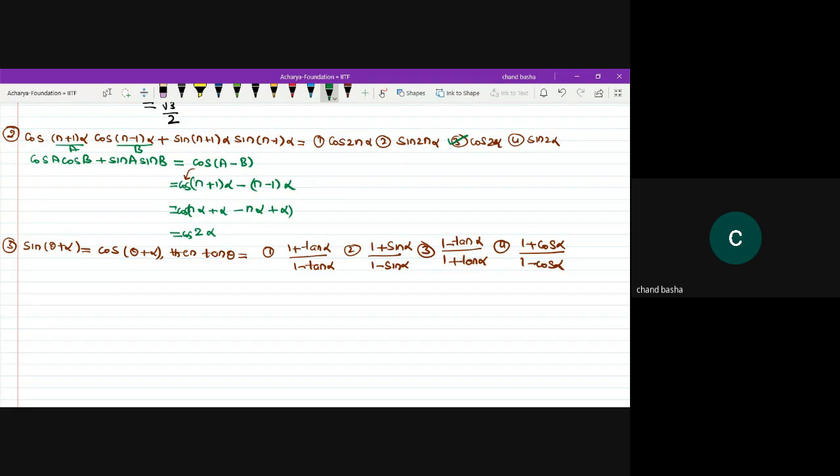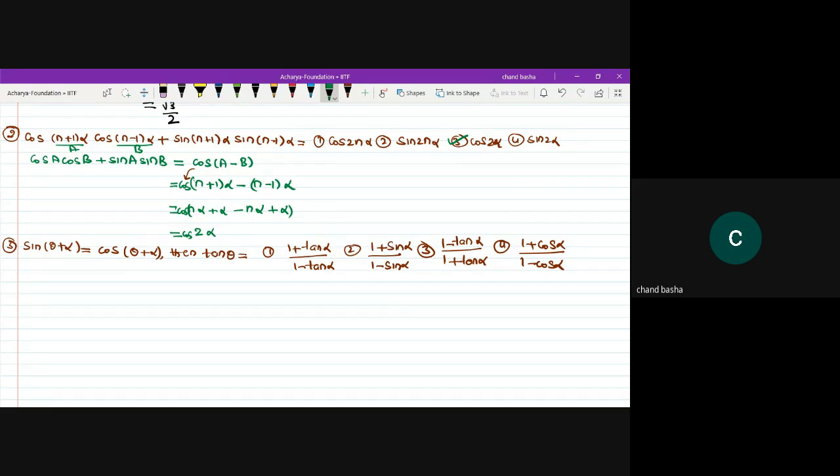If the combination of sine and cos gives tan, I can get option 1 or option 3. I don't want the second and fourth because I cannot get the common value tan theta. Tan theta is obtained only when we have sine upon cos.